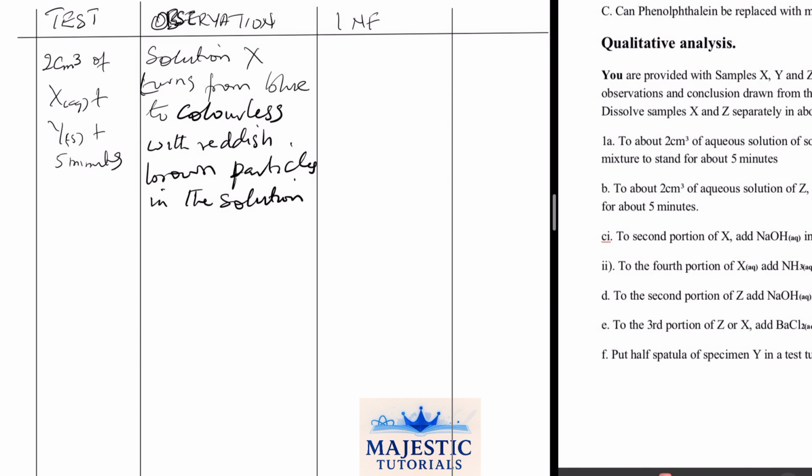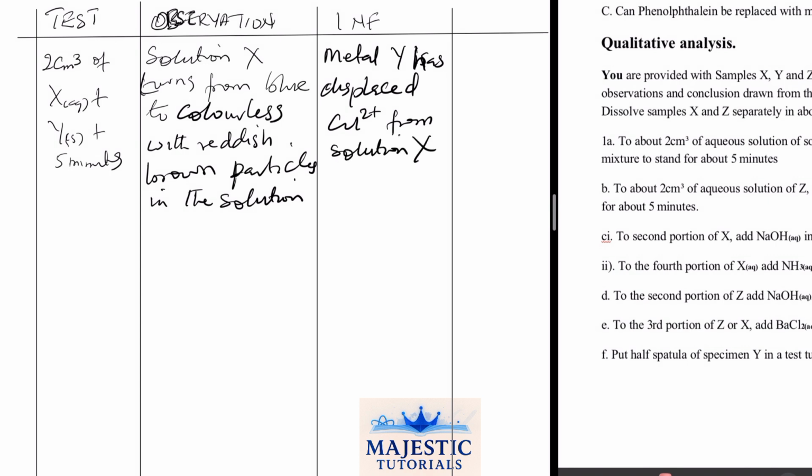If they say Y is a metal, you say Y is probably more reactive than copper. Since the solution is blue, we call it copper. So metal Y has displaced copper(II) ion from solution X. Or to be on the safer side, you just write: displacement reaction occurred.